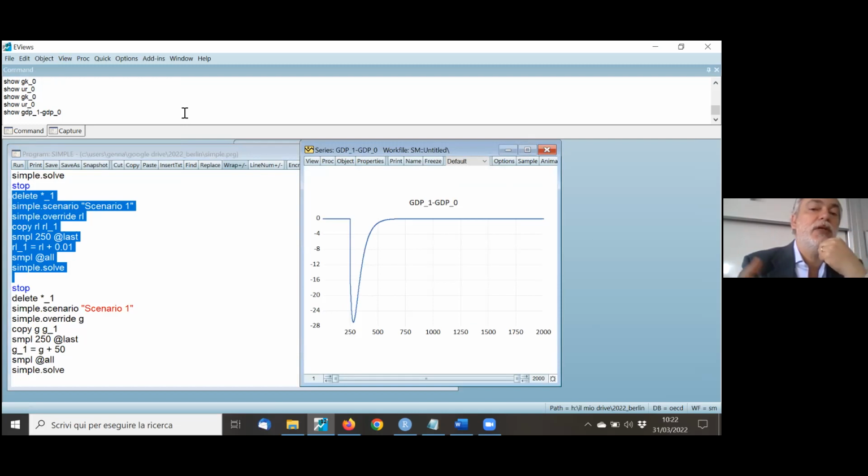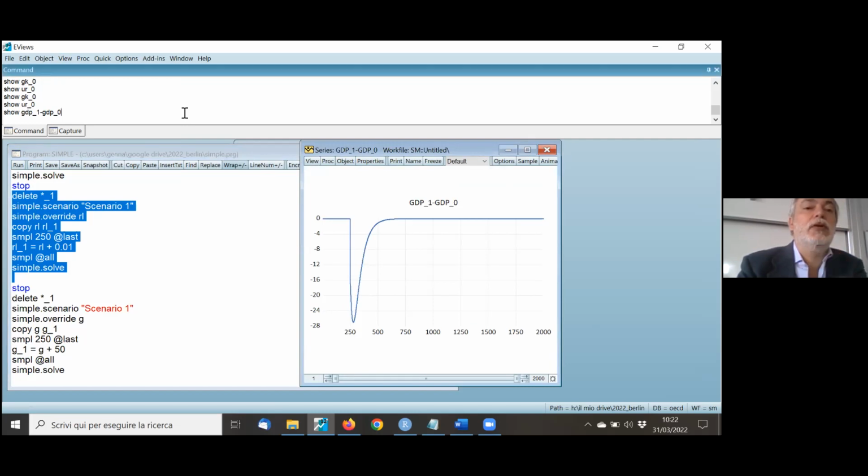And if the decrease in investment is larger than the positive effect on the income of the rentiers. There is just a level effect on GDP. Yes, there is no growth.